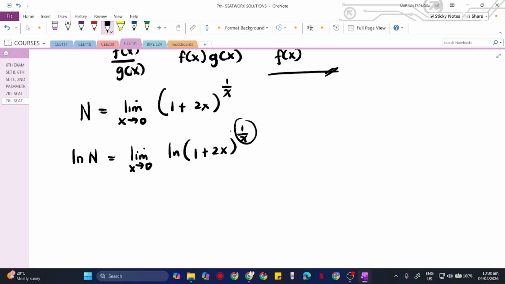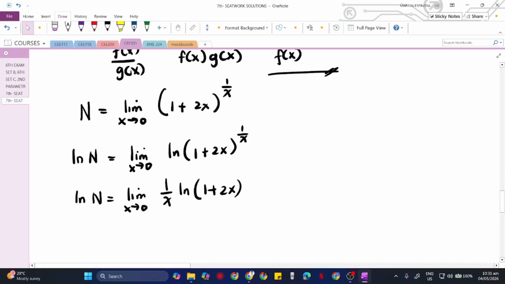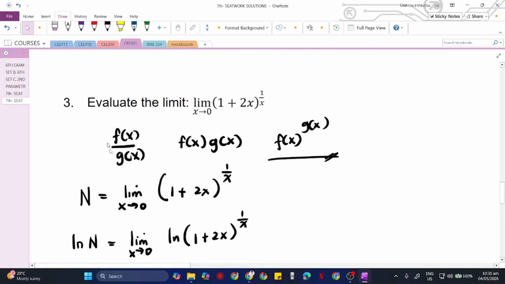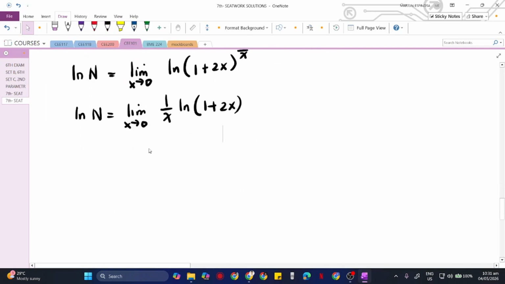Okay, etong 1 over x, we can bring that down. So we now have here ln of n equivalent sa limit as x approaches to 0 of 1 over x times ln of 1 plus 2x. Then we can proceed to changing this one into this form, itong f of x over g of x.